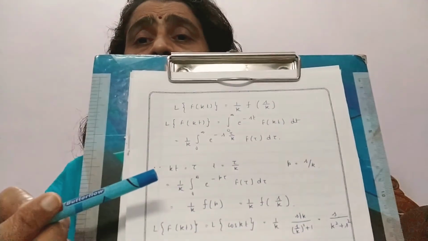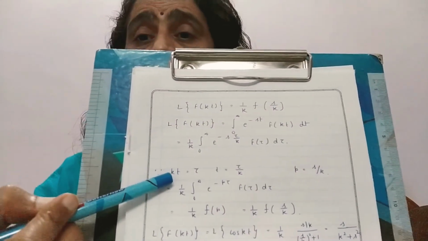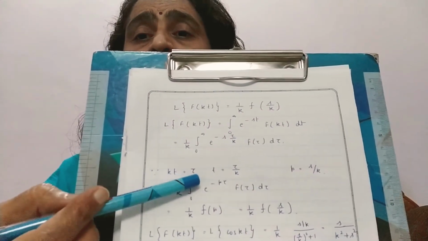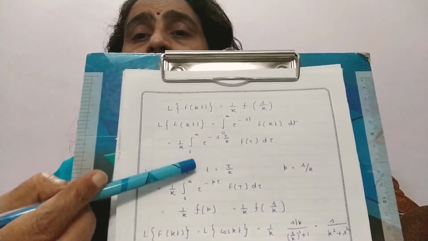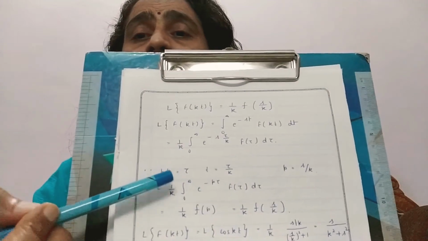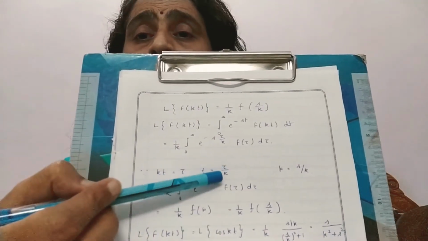Now our next step will be, we are going to put the value of kt equal to tau. Then from this equation we can find that t is equal to tau upon k.